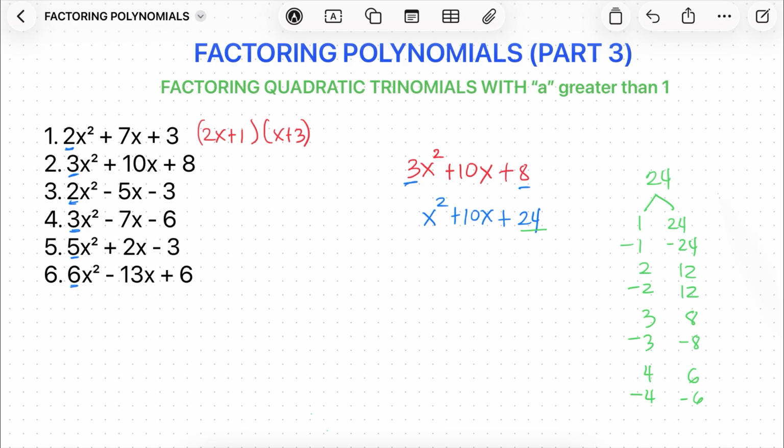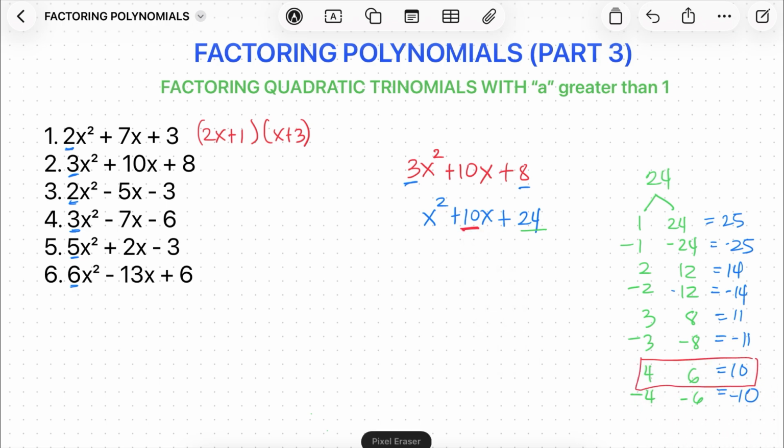So, if we add, this is positive 25, negative 25, 14, negative 14, 11, negative 11, 10, negative 10. So we are looking for positive 10. So we're going to take 4 and 6.